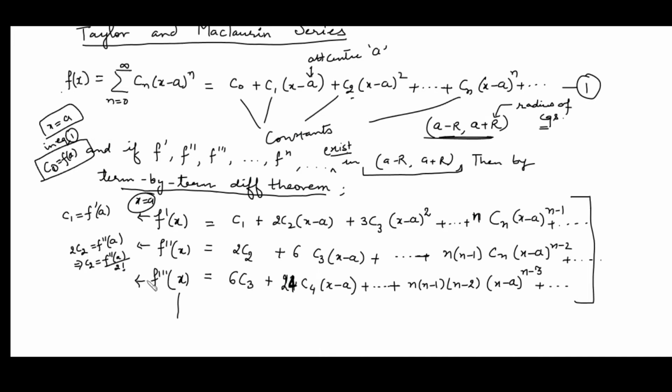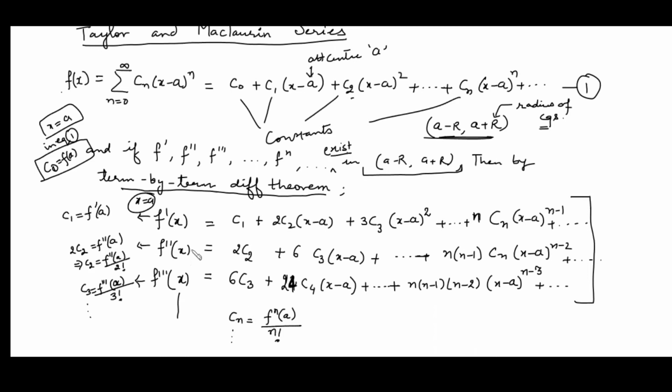From this, in the same way, you can find out the value of c3. It will come out to be the third derivative of the function at a divided by 6, meaning 3 factorial, and so on. So in general, your cn will be the nth derivative of the function at a divided by n factorial.